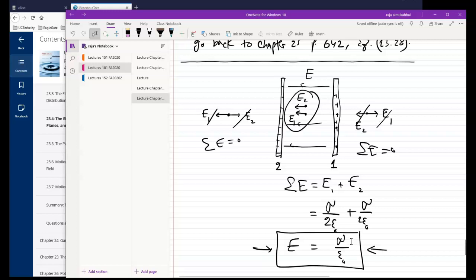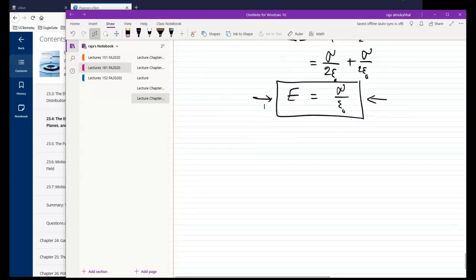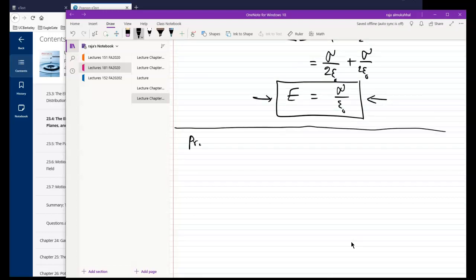Here is a problem from the homework. I have at least one to do. Problem number 34. It's not very difficult at all.